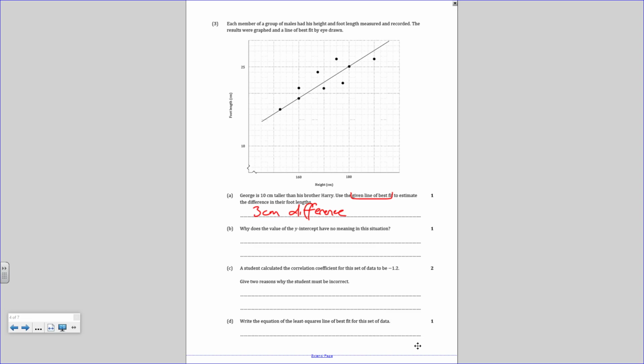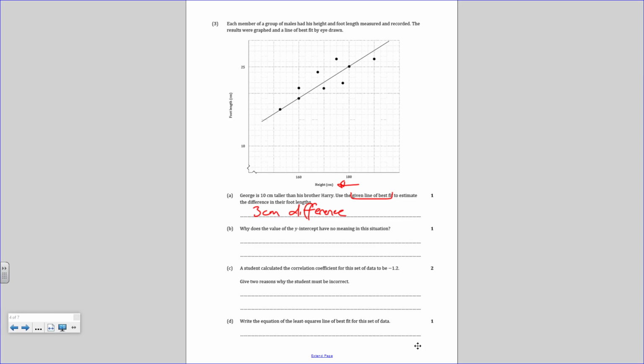So by definition, the y-intercept is when x equals 0. That is when the line cuts the y-axis, which is when x equals 0. And in this case, the x-axis represents height. So what we're saying here is we need to find the value of the y value when x equals 0.